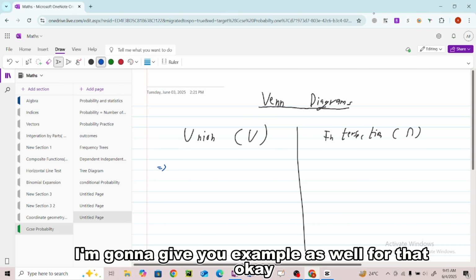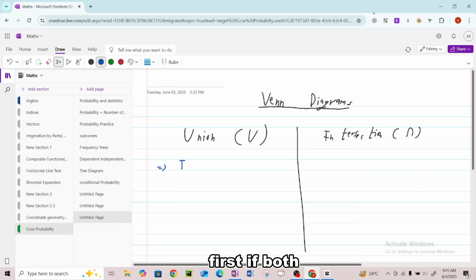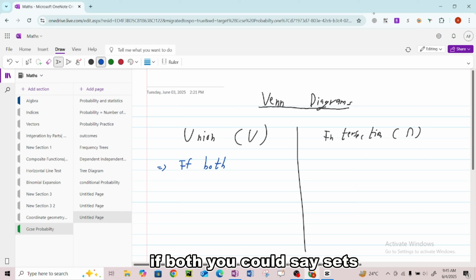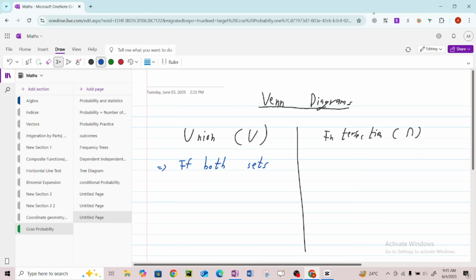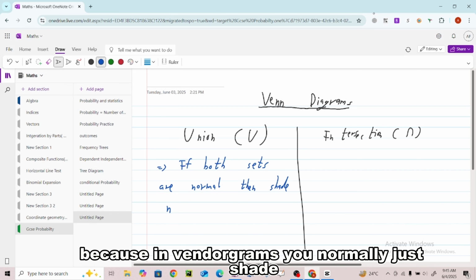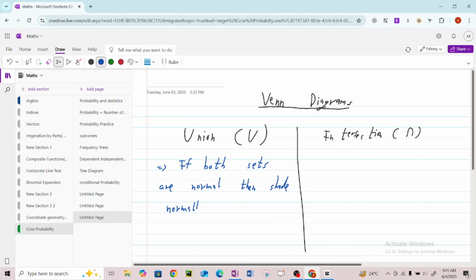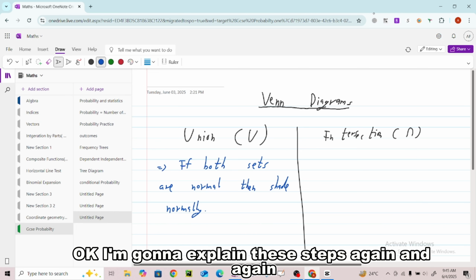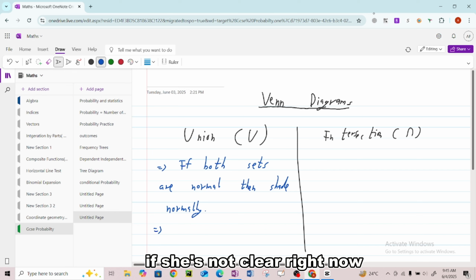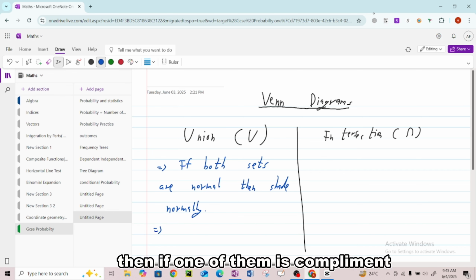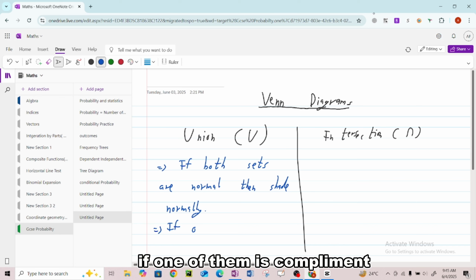First, if both sets are normal, then shade normally, because in Venn diagrams you normally just shade. I'm going to explain these steps again and again, so you don't have to worry if it's not clear right now.